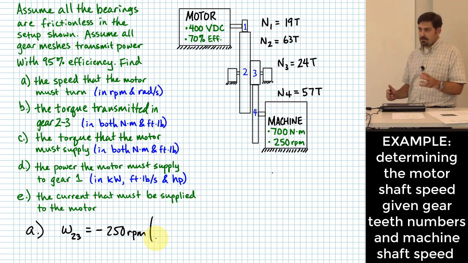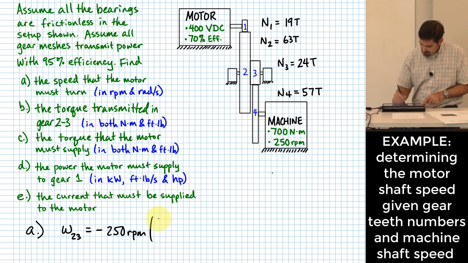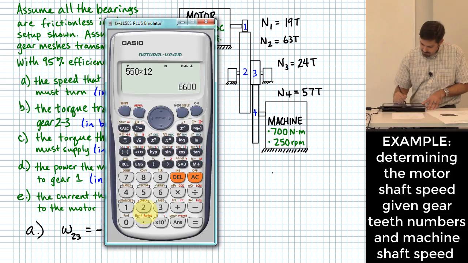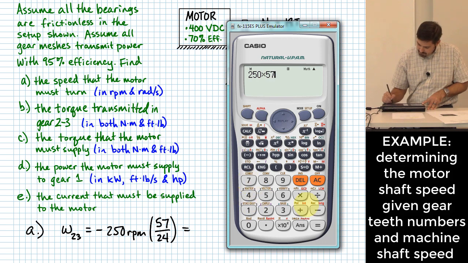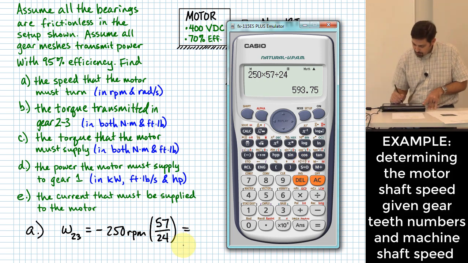Right? So what should the ratio be? Okay, 57 over 24. Okay, so I'll plug that in, right? 250 times 57 over 24. Now you might notice that I did put the minus sign in there. Okay, this gives me 593.75.